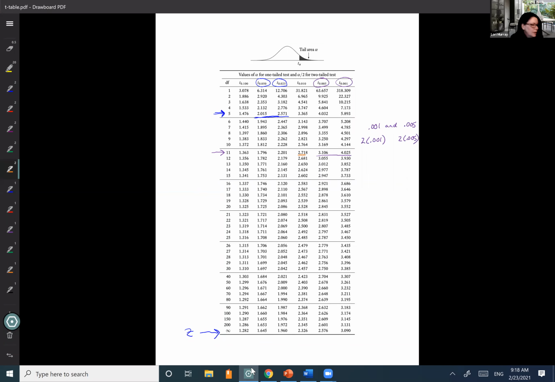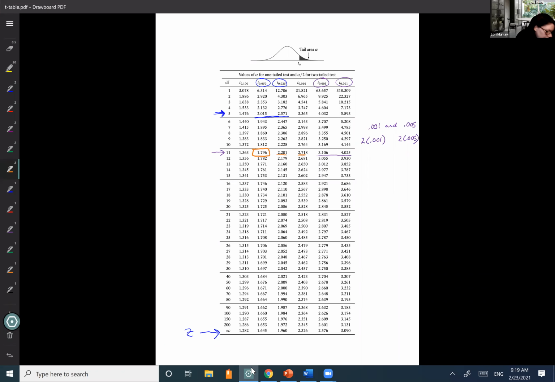You would still reject because we need to be less than 0.05. If the observed value is 2.201, then we are at 0.025 times 2, which would be 0.05. Remember, it has to be less than or equal. We would still reject at 2.201. So the smallest observed value that would change the result of this test, where we would not reject, would be t equals 1.796.